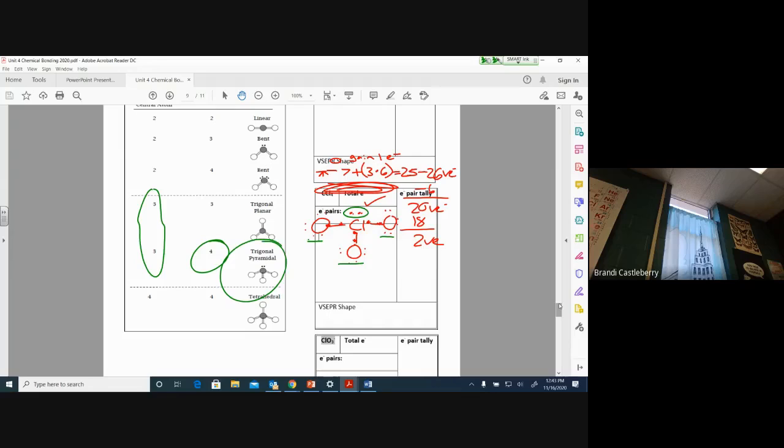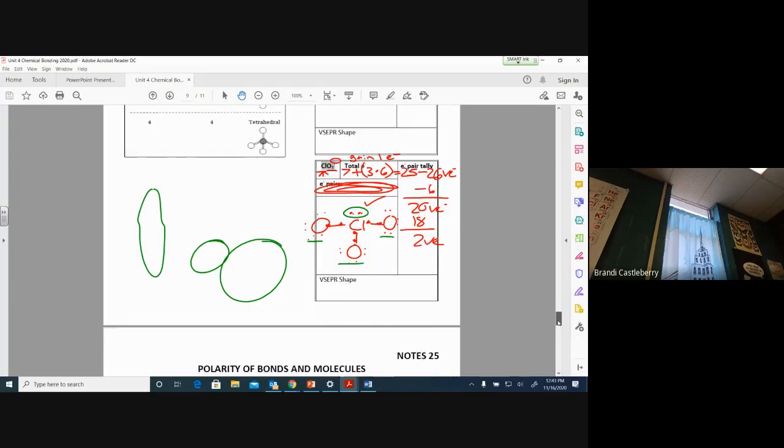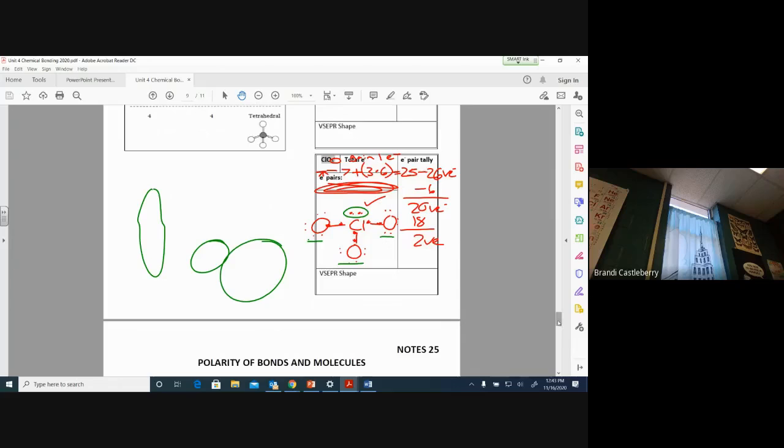So that makes it a trigonal pyramidal shape. Scroll down, write that one. It's a trigonal pyramidal shape. All right, there we go.